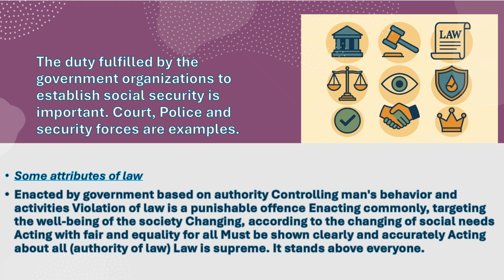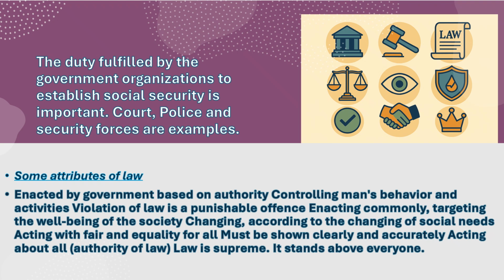Now we have, actually, I don't know how to explain this, so let's just look at the screen. The duty fulfilled by the government organizations to establish social security is important. Court, police, and security forces are examples. Some attributes of law are: enacted by government based on authority, controlling man's behavior and activities.